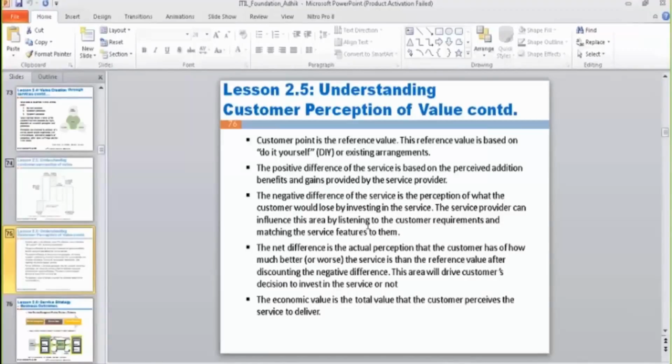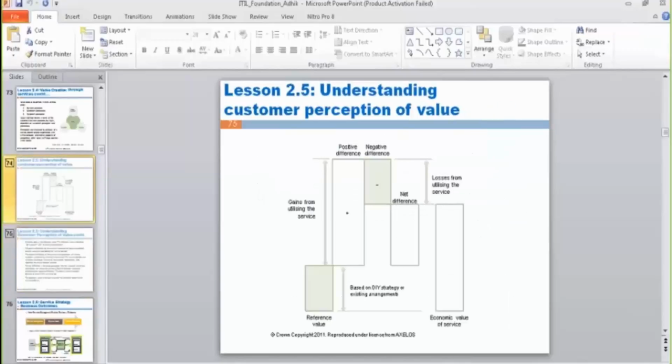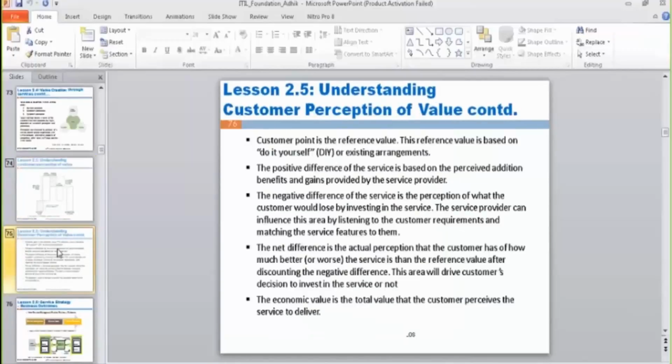So this is my negative, and then we have one more thing, that is my economic value. Before this, the net difference is the actual perception that the customer has of how much better the service is than the reference value after discounting the negative differences. So the difference between the positive and the negative.